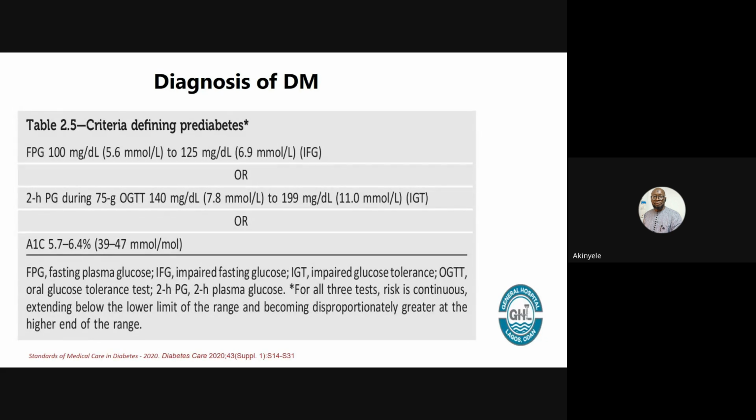Or when you do the OGTT and the blood glucose is between 140 and 199, such a person already has impaired glucose tolerance. Or the A1C is between 5.7 and 6.4. Such a person has impaired glucose tolerance, and can be diagnosed to have pre-diabetes.